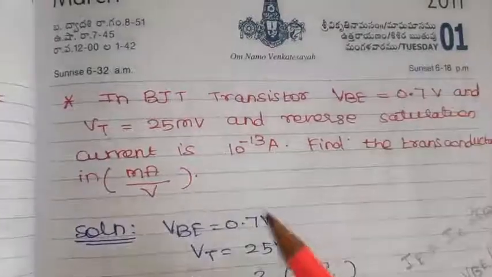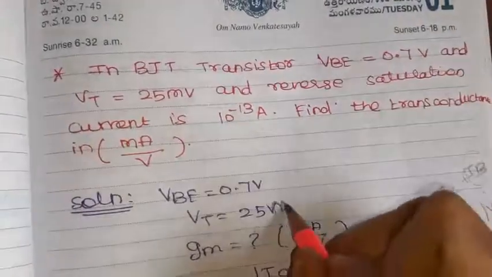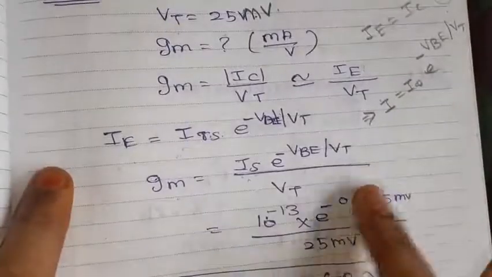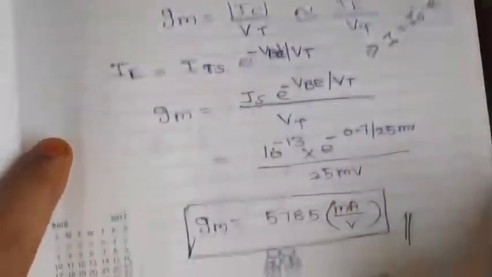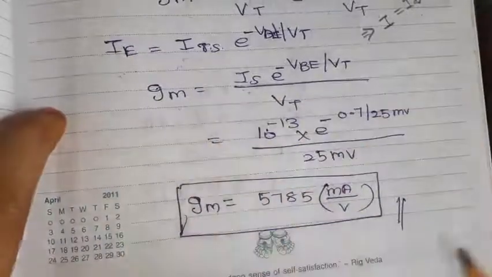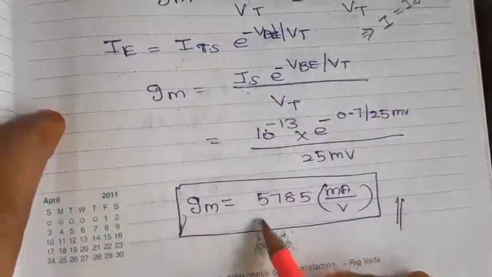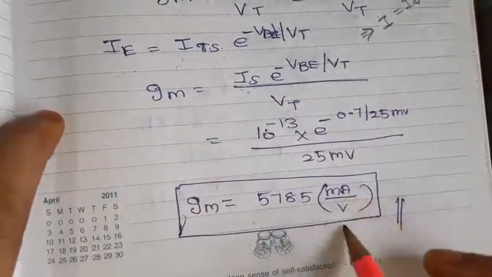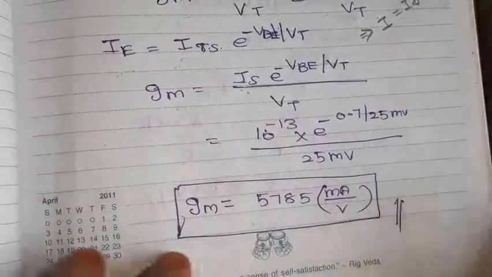Here I have written it simply as volt. Then divided by VT, the same 25 millivolt. Substitute and find the answer. GM is equal to 5785 milliamperes per volt. This should be in the units of milliamperes per volt. Okay.